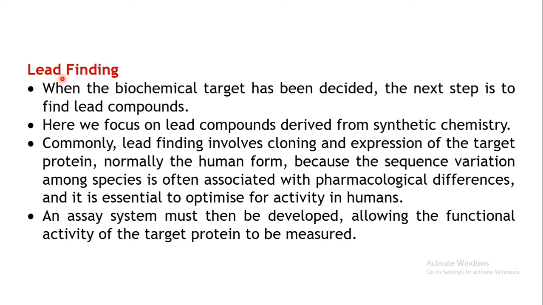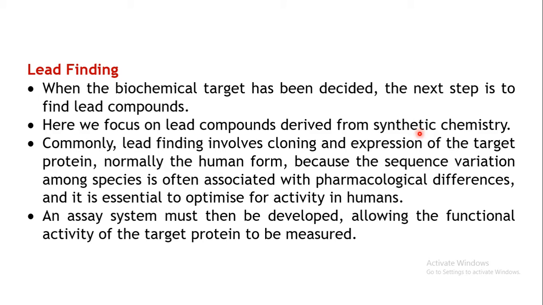Now the next step is to find your lead compound which is best suited to act on that particular target. Here you focus on a few lead compounds which may be derived from synthetic chemistry. Maybe you are synthesizing some compounds in the laboratory.